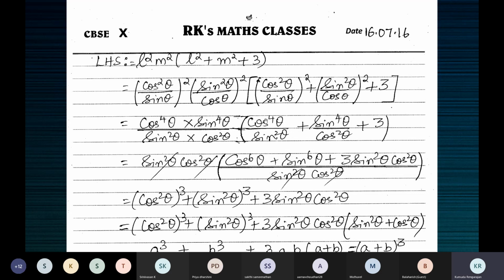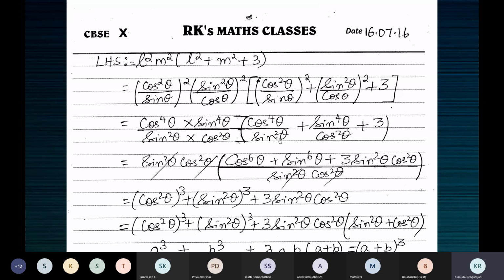We need to multiply this numerator with cos square theta. Cos theta to the power 4 into cos square theta. Bases are same, we are multiplying, no? So bases are same, we add the powers. 4 plus 2, 6. That's how you get cos theta to the power 6. Same thing here, sin theta to the power 6 plus, here the denominator is 1, so you need to multiply the numerator with sin square theta cos square theta.